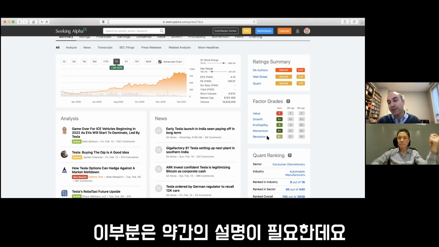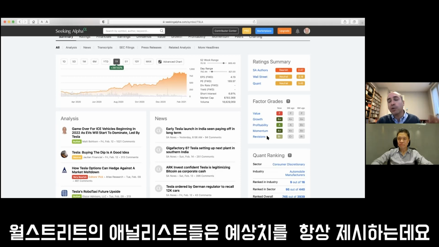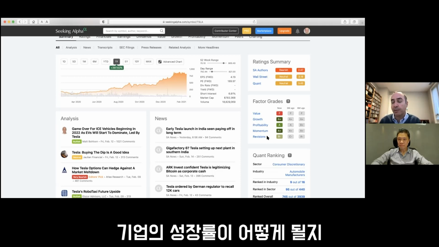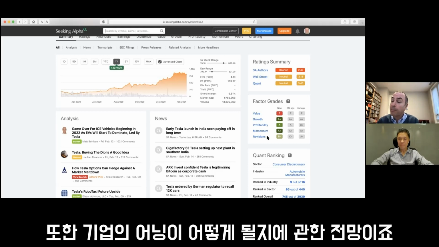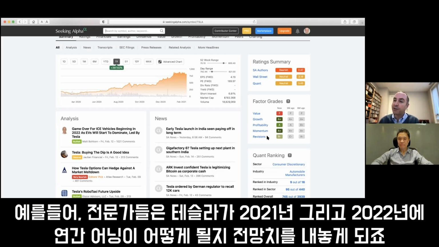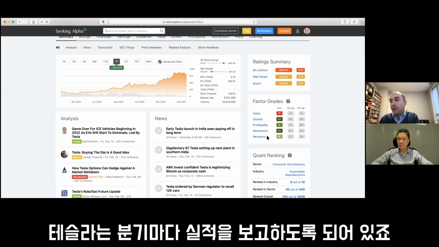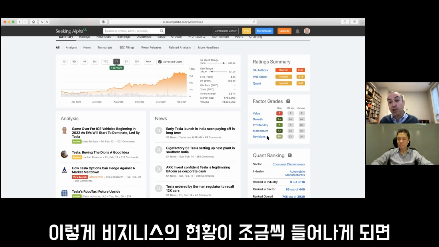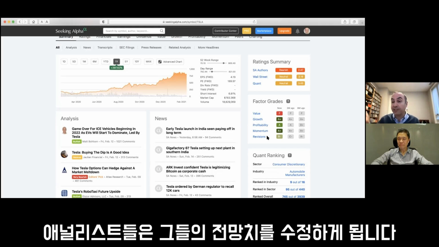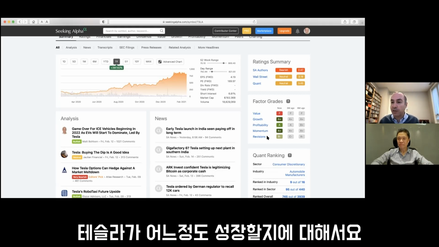This requires a little bit of explanation. Wall Street analysts put out estimates of how much a company is going to grow, how much a company is going to earn. So for example, there are estimates for how much Tesla is going to earn in 2021 and 2022. And as Tesla releases new results each quarter, and as more information comes out about Tesla's business, the analysts change their estimates for how much Tesla is going to grow.